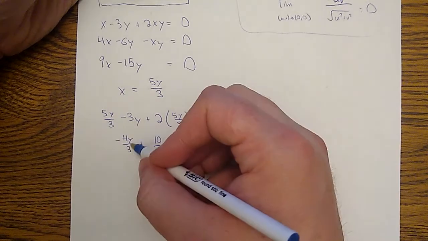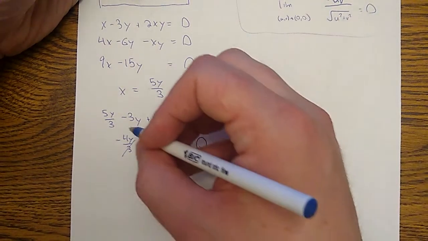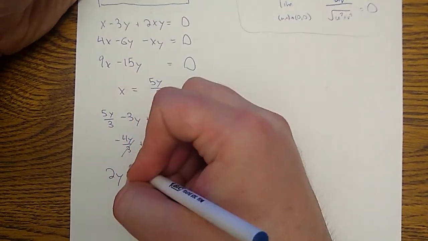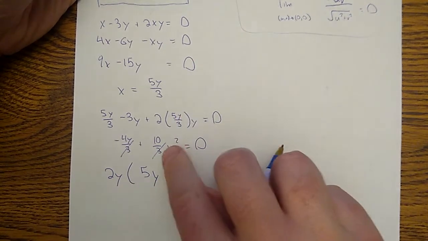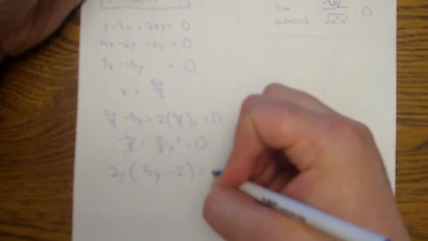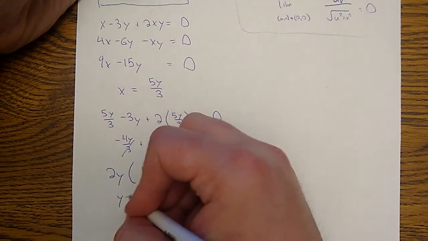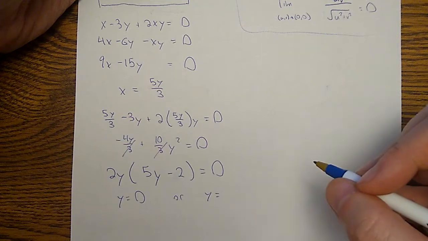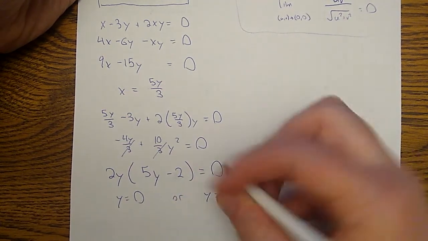Let me just multiply everything by 3 because I hate fractions. And now why don't I factor out 2y, and then this will give me 5y from here, minus 2 from here. So basically y equals 0, or y equals 2/5.